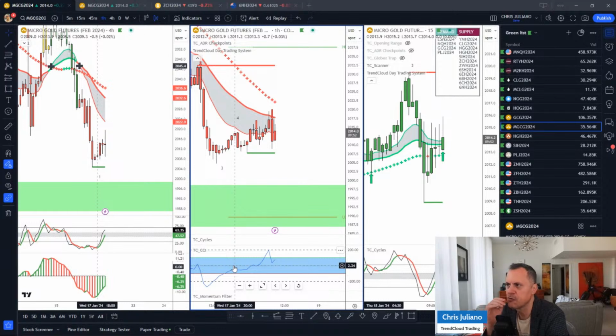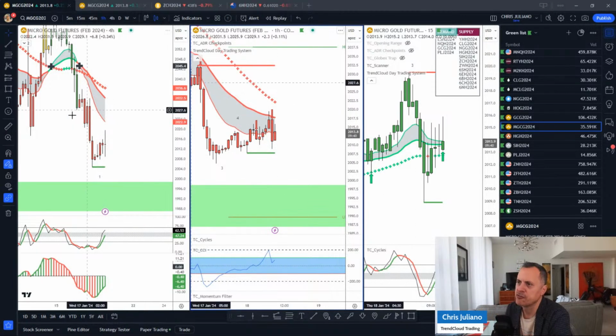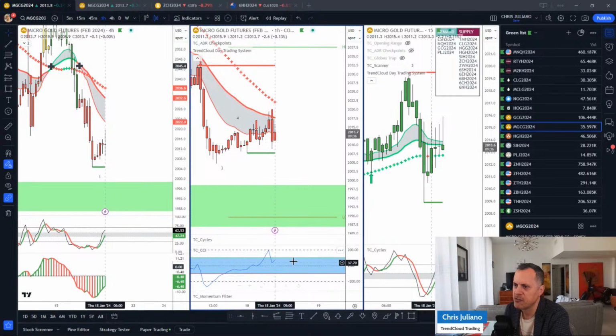I think it would be very interesting to watch this and to see, is momentum trying to tell us something? Is that TrendCloud momentum trying to tell us something, even though the trend is still down? Momentum has shifted to the upside, cycling up.